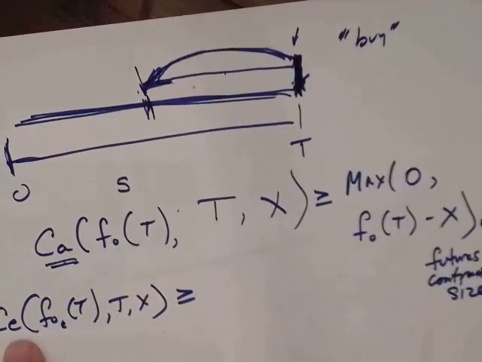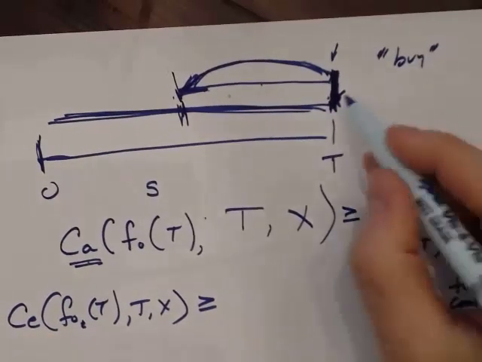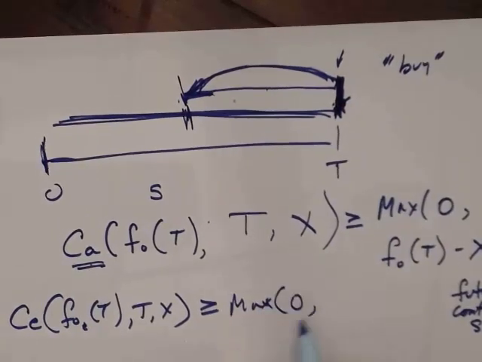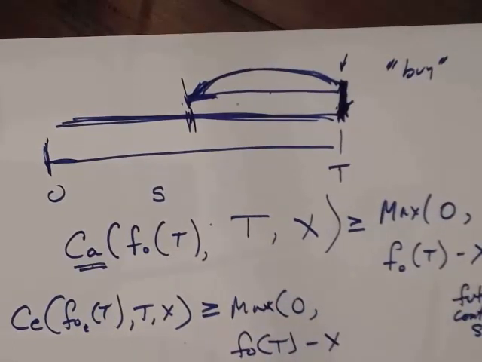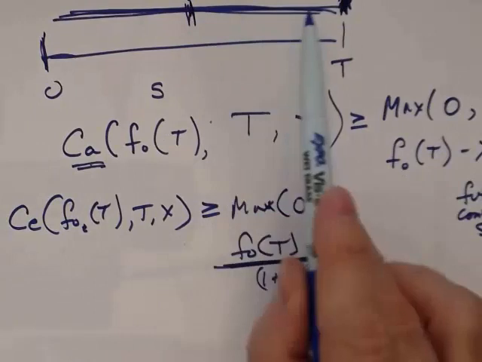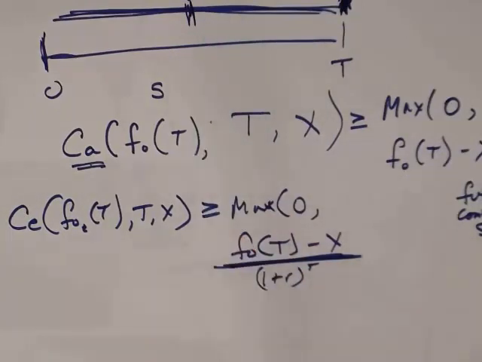But with the European, remember here, that you can't exercise it until time T. So therefore, it's the maximum of 0 or F, the futures price minus the strike, all divided by, make sure it's clear, all divided by R^T, to the T power. Now this looks slightly different, and that's again the quirk I'm showing you with the opportunity cost.